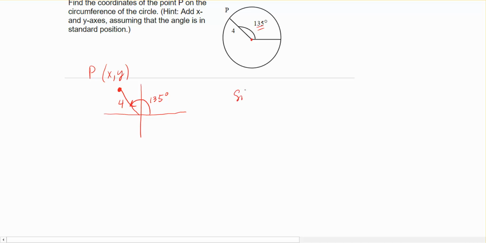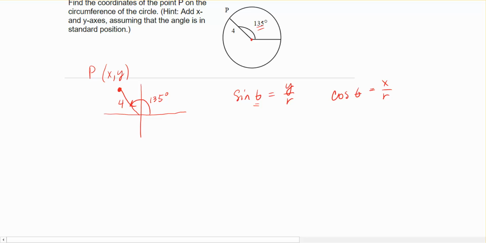Sine of theta is equal to y over r, and the cosine of theta is equal to x over r. And what we're given in this particular problem is we know what theta is, it's 135, and we know what r is. Remember, r is the distance from the center out to the edge of our circle.